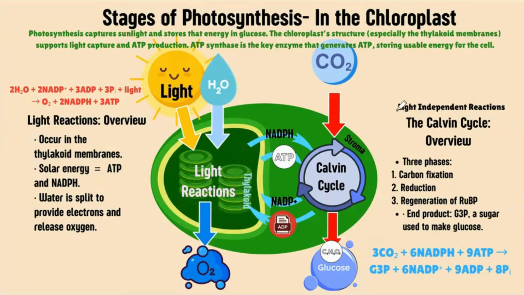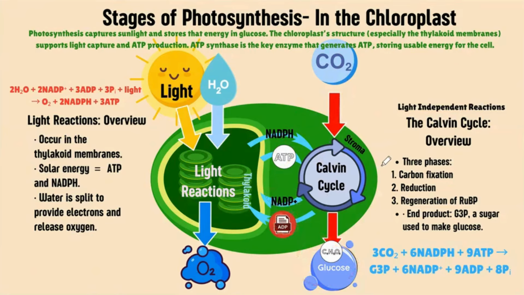Now, if we look at the light-independent reactions, which are the second step and occur in the stroma, remember we have carbon dioxide that comes in from the outside, plus the NADPH and ATP produced from the light reactions, to then turn the Calvin cycle, which produces some glucose, NADP plus, and ADP.